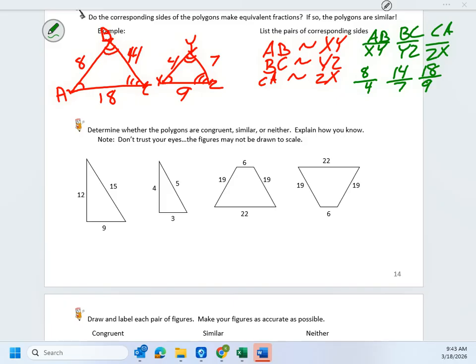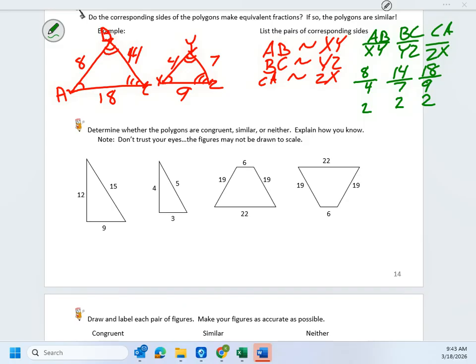Division. So I'm going to divide my corresponding sides. 8 divided by 4 is 2. 14 divided by 7 is 2. 18 divided by 9 is 2. I am proving that they are proportionate. Every side corresponds with the other polygon. They're all divided by 2.